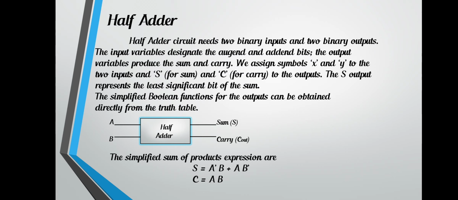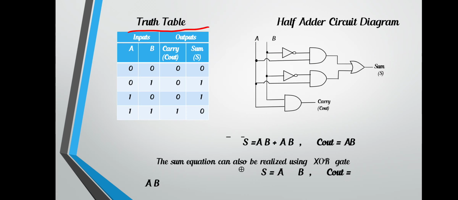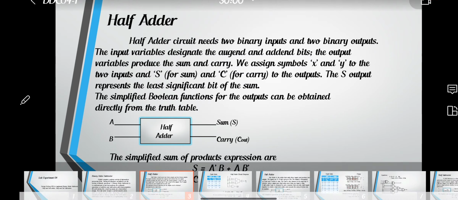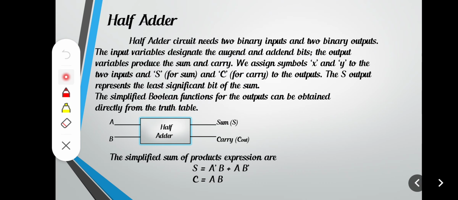A half adder circuit needs two binary inputs and two binary outputs. The input variables designate the augend and addend bits. The output variables produce the sum and carry.